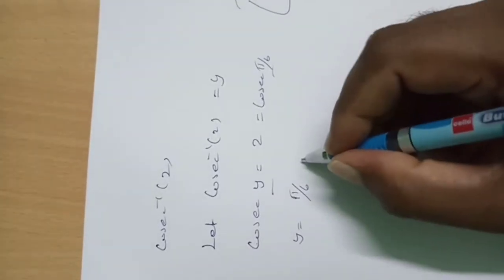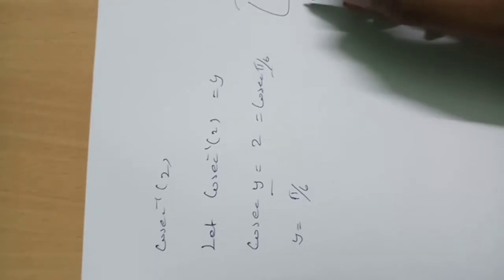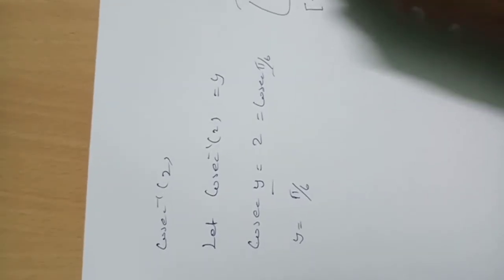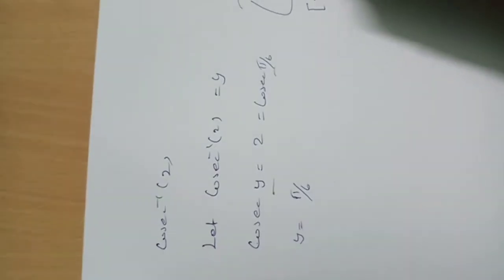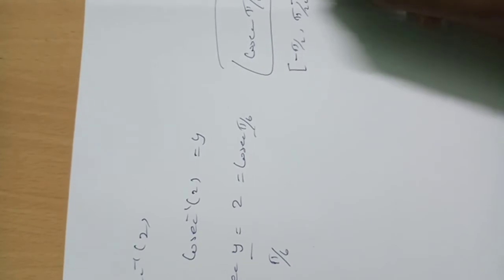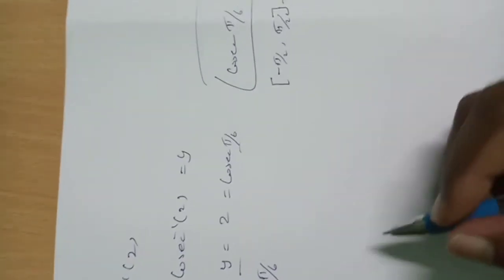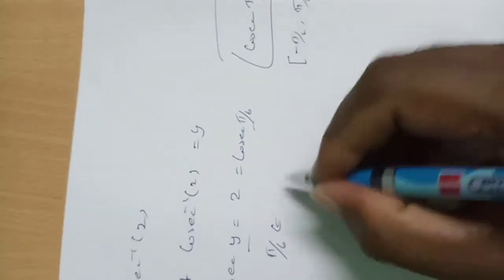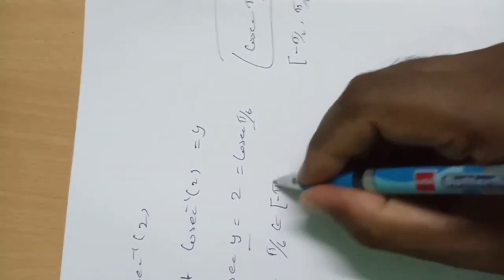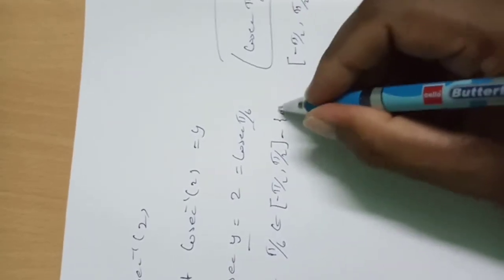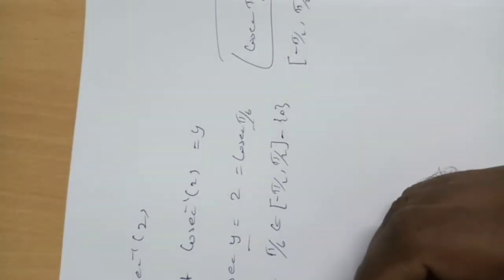Then check the range. The principal value range of cosecant inverse is minus pi by 2 comma pi by 2 minus singleton 0. So pi by 6 belongs to this interval, minus pi by 2 comma pi by 2 minus 0, since it is not equal to 0.